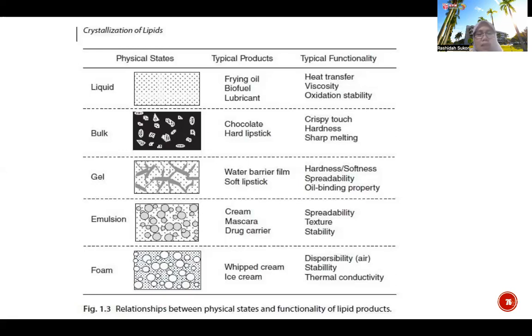It means it is actually an emulsion, water in oil or oil in water. In oil in water, the medium is water and the droplet is the oil. Emulsions normally do not mix, because oil and water do not mix. So to make a good emulsion, we use an emulsifier.